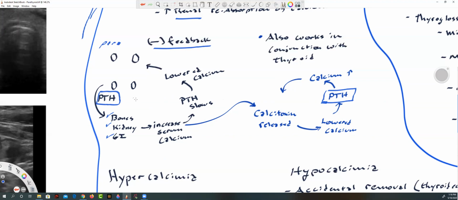If calcium is low in the blood, parathyroid hormone is released and increases calcium. That in and of itself slows parathyroid hormone down.